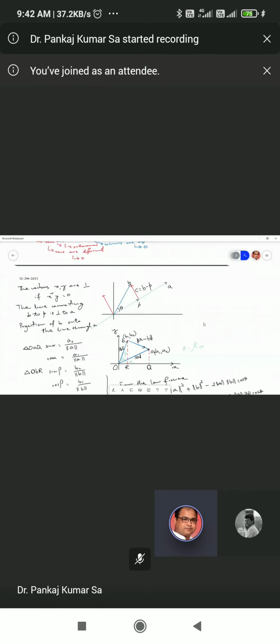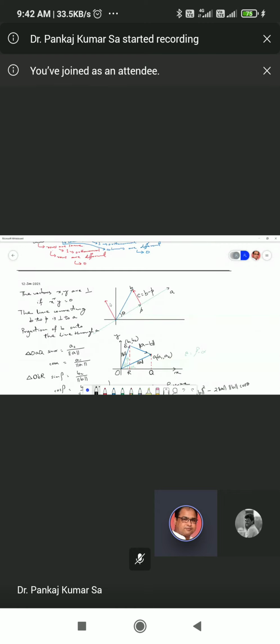Yeah, this diagram. What is this then? The vector B projected onto P equal to 0.